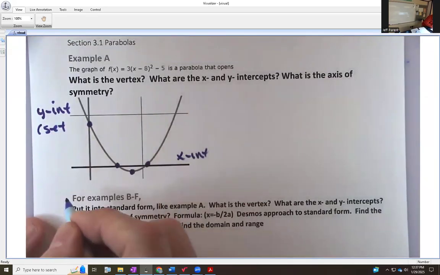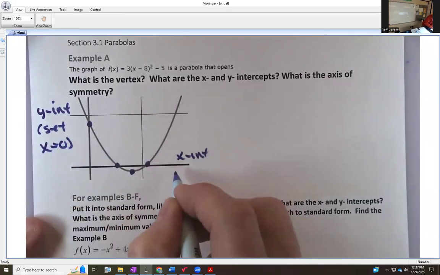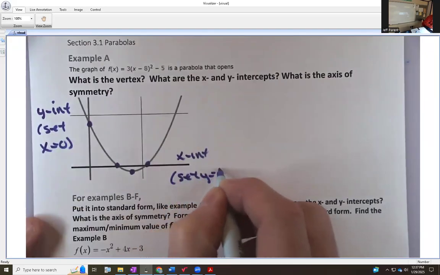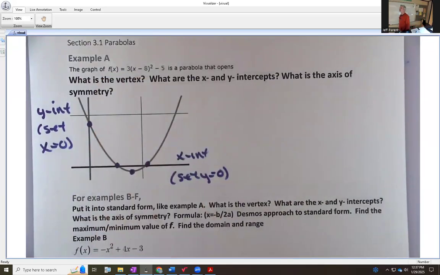What is it that's going to equal 0? X equals 0. Good. And to get your x-intercepts, set y equals 0. Now, we don't really have a y here, so what am I going to do about that? What is it? Yeah, f of x is my y, right? So a little bit of interchangeable notation there.